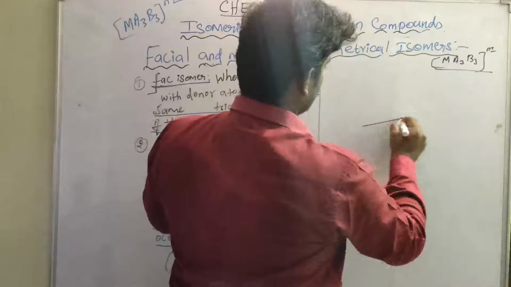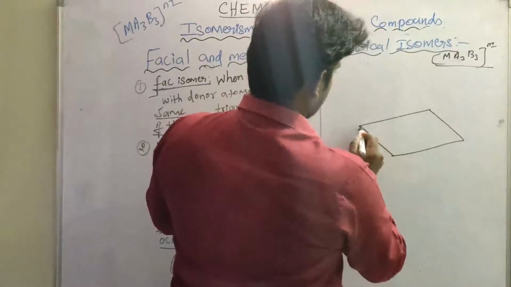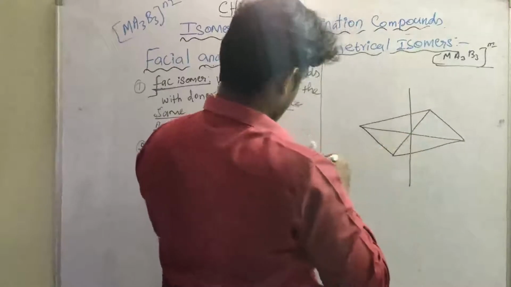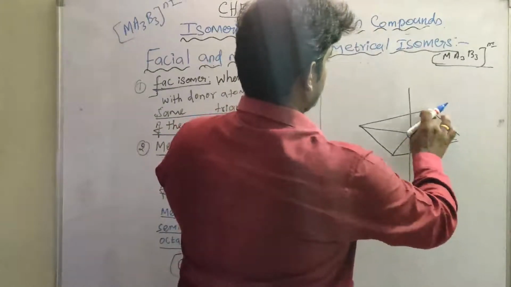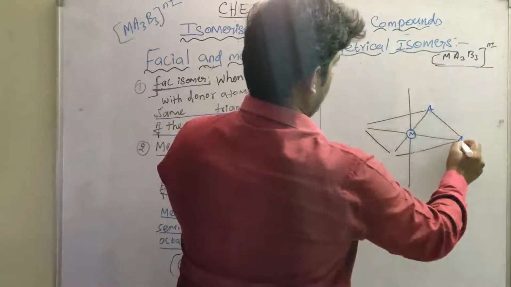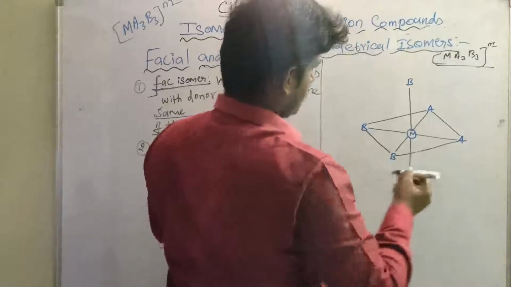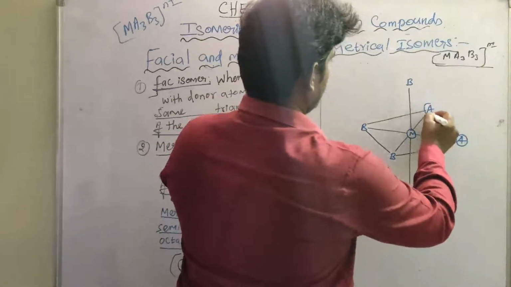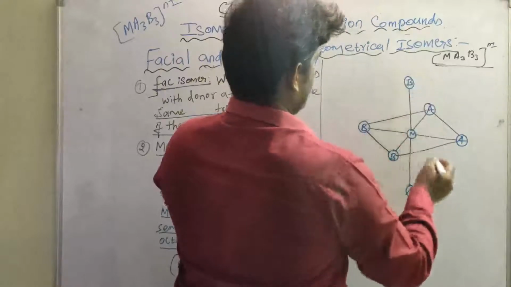So now let us see an example. The central metal atom M is present, with A, and B, B, B. See, this is one triangular face.